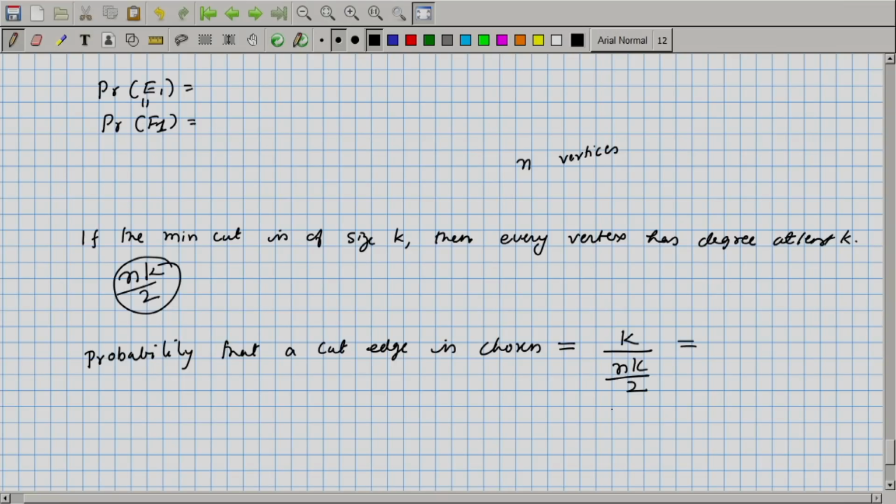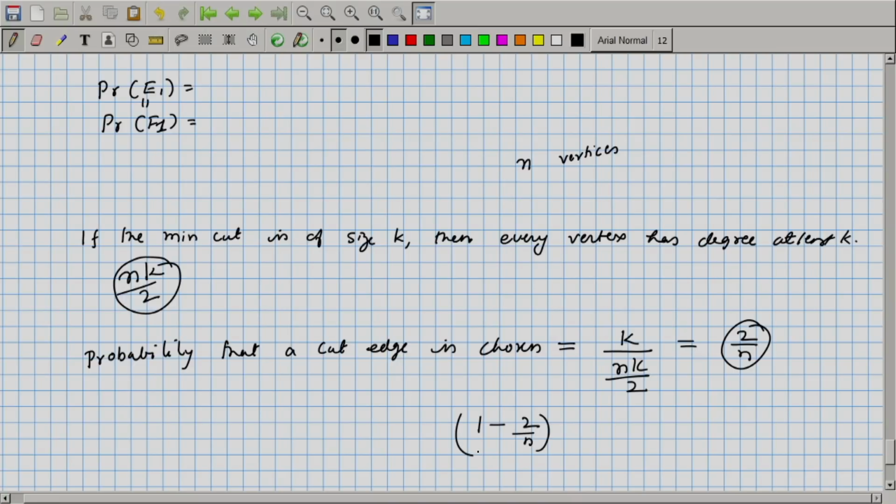This gives us 2 by n as the probability that a cut edge is chosen. What we want is the probability that a cut edge is not chosen, and that is going to be 1 minus 2 by n.